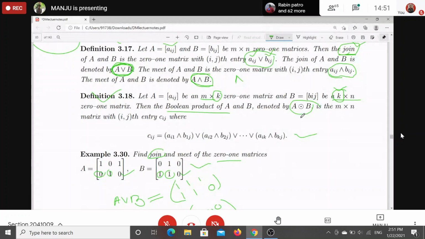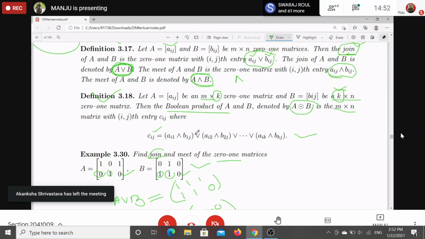So the Boolean product of A with B gives you an m cross n matrix, with the Cij entry being this one. There we did Ai1 dot B1j. So here it will be conjunction.